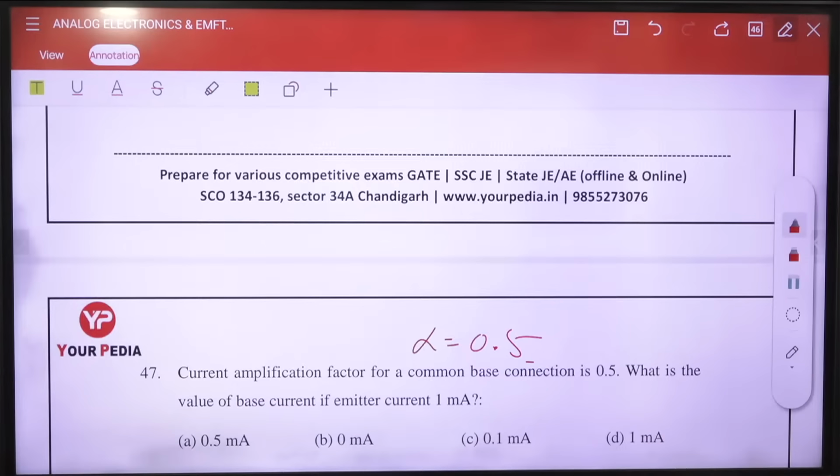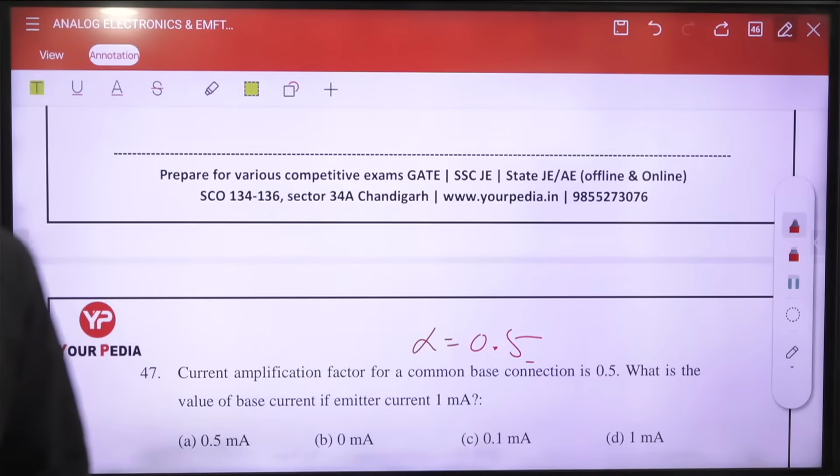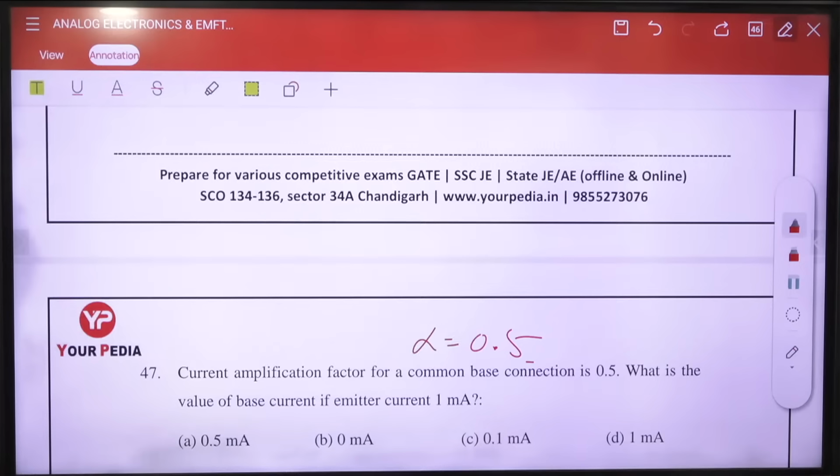So we have to calculate the value of base current. How much is the base current?